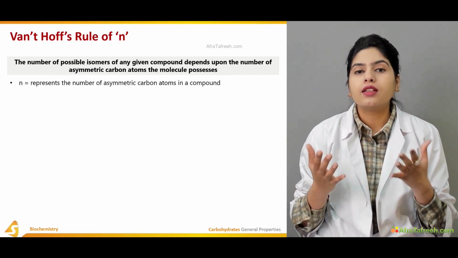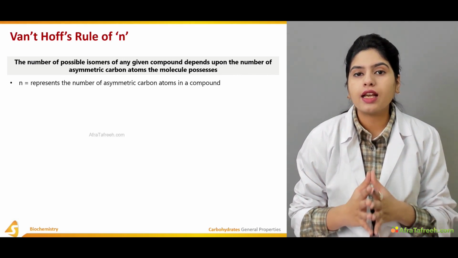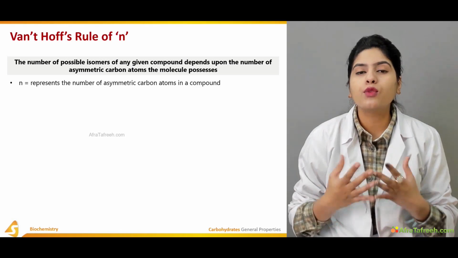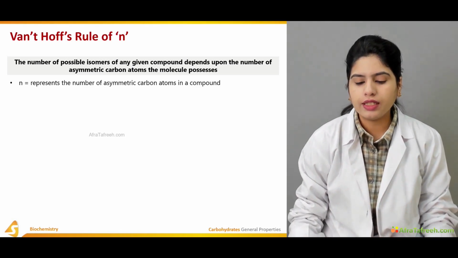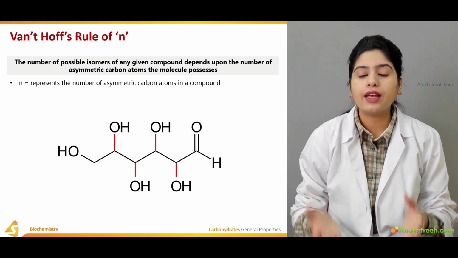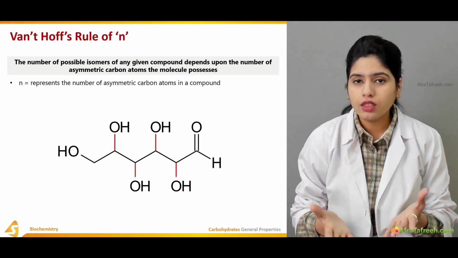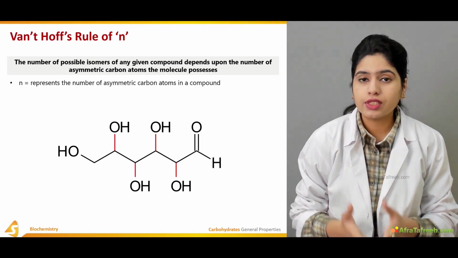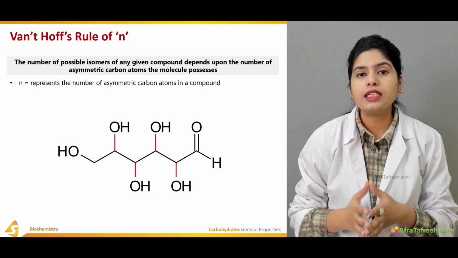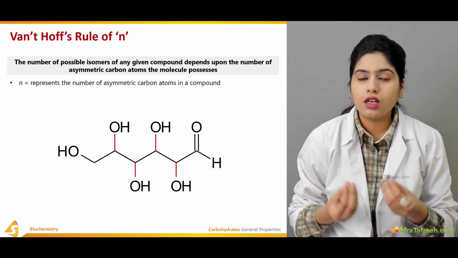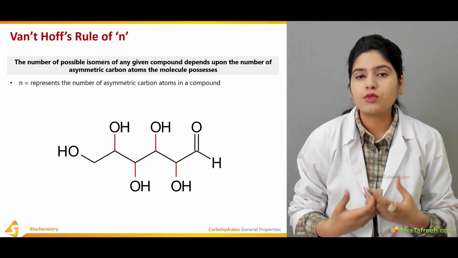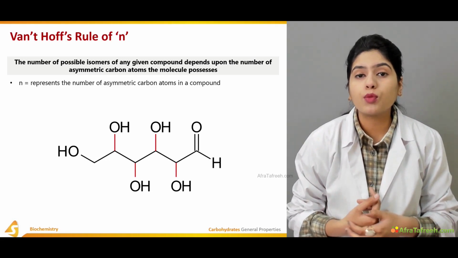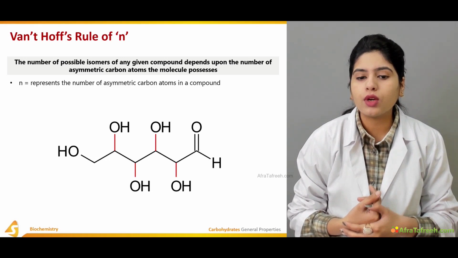So a carbohydrate that has 2 asymmetric carbon atoms in its structure will have 4 stereoisomers, and a carbohydrate that has 3 asymmetric carbon atoms in its structure will have 8 stereoisomers. Similarly, in the simplest case where there is the presence of only 1 asymmetric carbon atom, then there will be 2 possible stereoisomers.